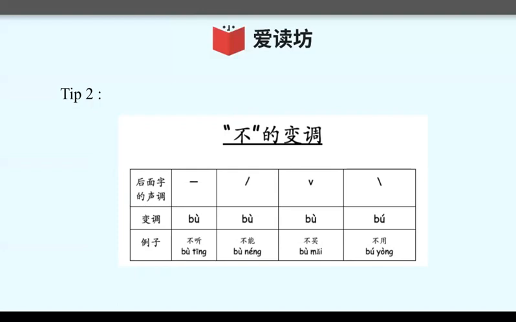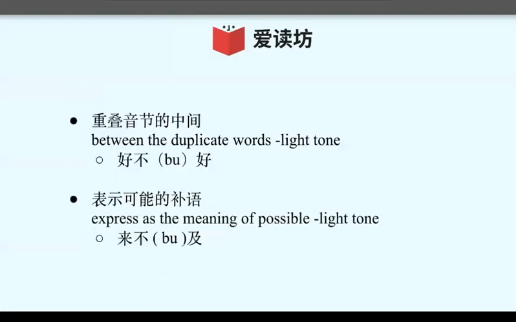For example, 不用. If 不 is between two of the same word, 不 must be neutral tone. For example, 好不好? If 不 is expressed as the meaning of possible, 不 must be neutral tone. For example, 可能来不及.